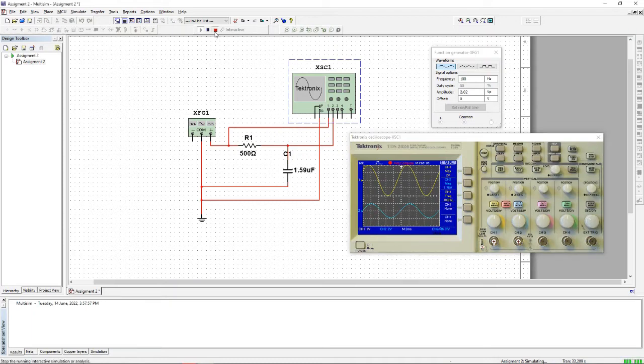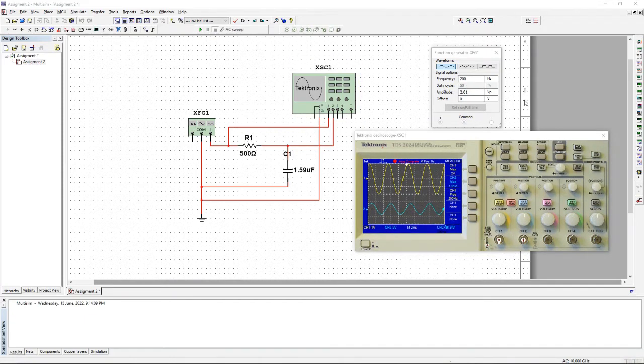So we need to change to 200 Hz, and we can see, alright, for 200 Hz frequency, the V output is 1.51 volts.